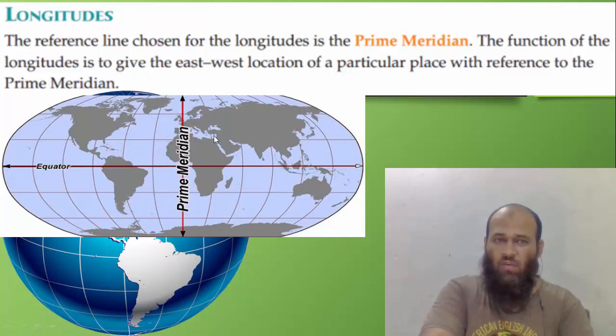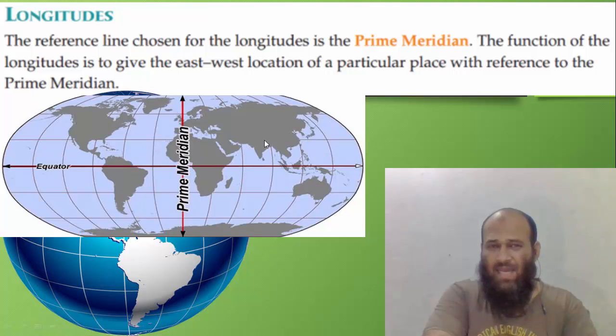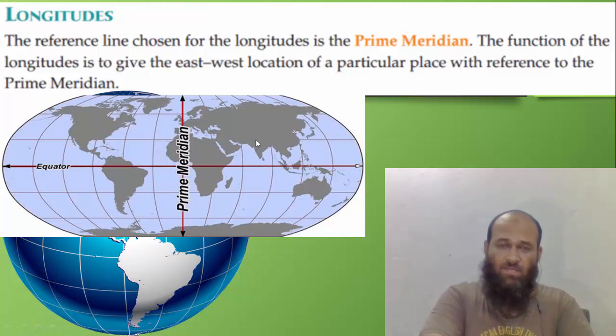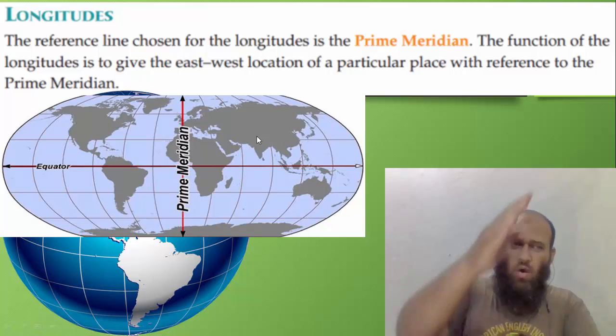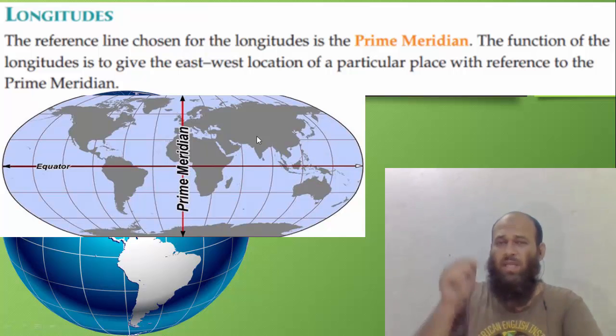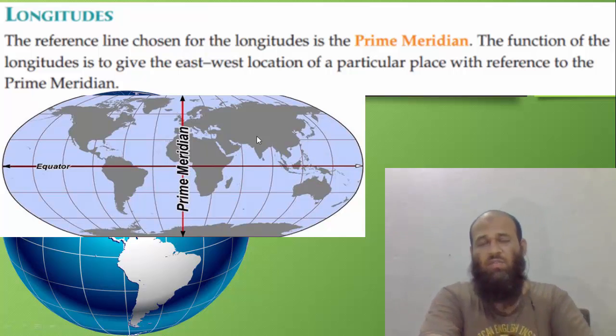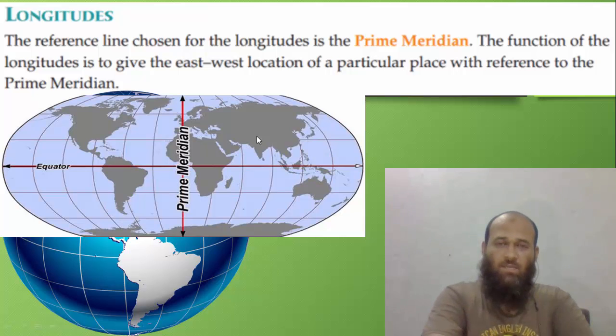For example, the Tropic of Cancer passes near Delhi, so that is 23.5, and any line on the longitude will give you the exact location of that place.